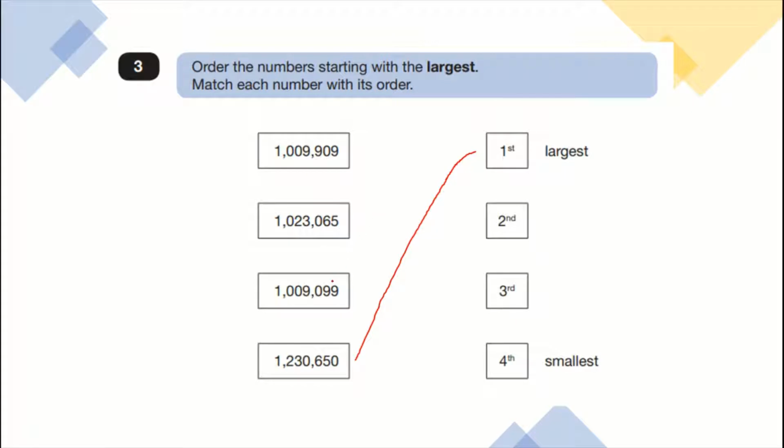Our second largest would be this one, because this has a number in its 10,000s column, while these ones don't. Now if we move on to the thousands column, they're both the same. So we move on to the hundreds column. This one's a 0, but this one's a 9, so this one is bigger. So this is our third biggest, and this is our smallest.